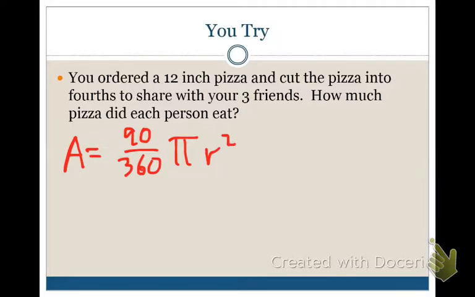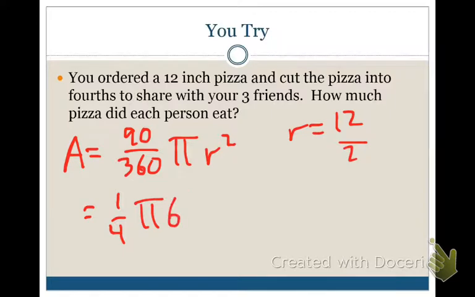What's r going to be? What do I plug in for r? I don't plug in 12. I plug in 6. We have to take r equals 12 divided by 2. So then the area equals 1/4, I reduce the 90 over 360, 1/4 times pi times 6 squared. That's 36 divided by 4, which is 9 pi.